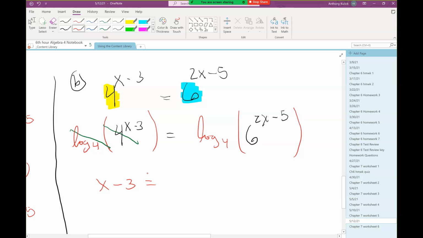Now the same thing isn't going to happen on the other side, because the base of my logarithm doesn't match the base of my exponential. But what I can do is apply the power property that allows me to move the exponent to the coefficient. So far, so good?